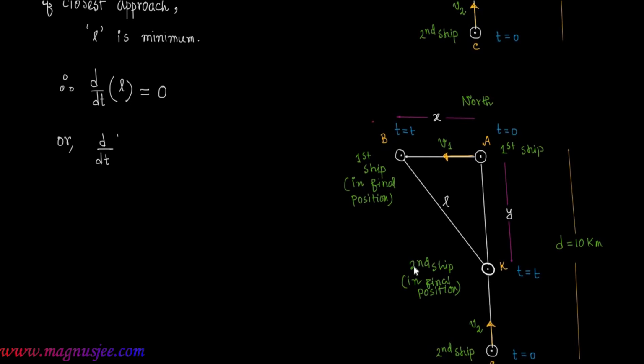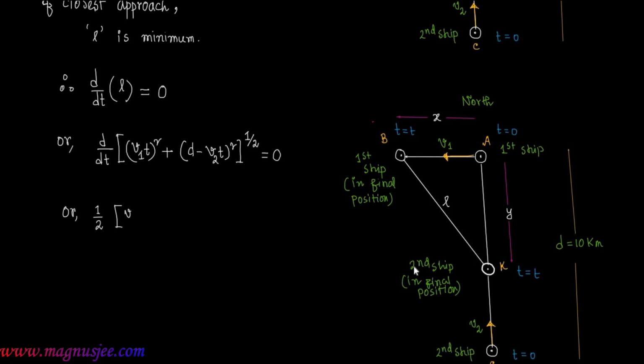Putting the expression of L, we get d/dt of ((v1t) whole square plus (d minus v2t) whole square) whole to the power half is equal to 0.